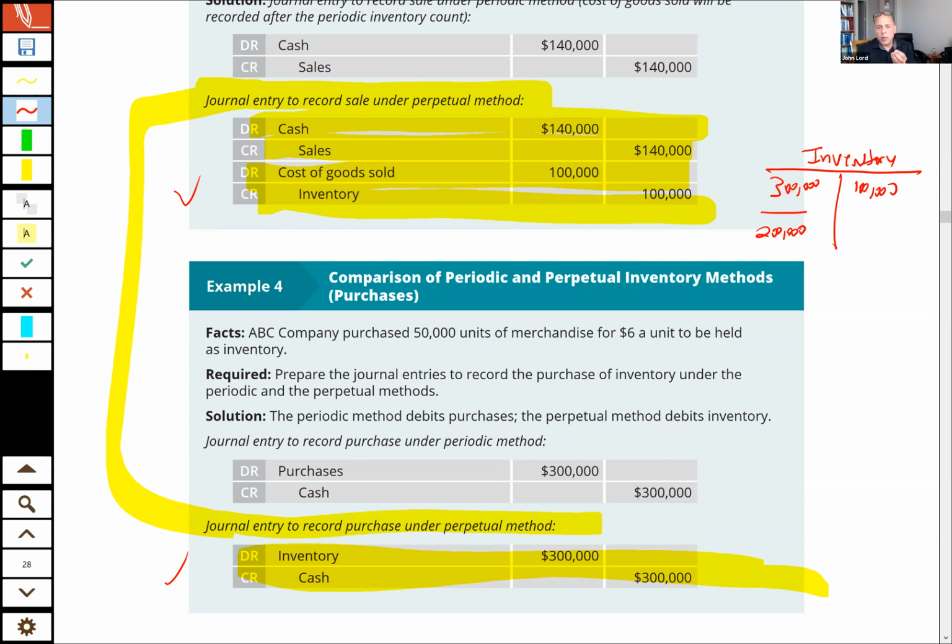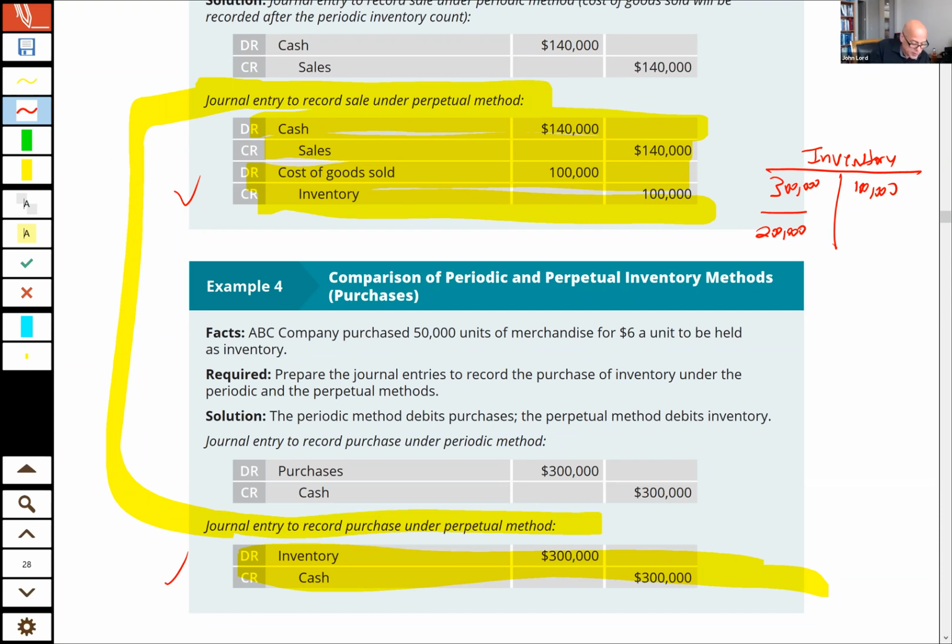I know at any point in time what my inventory balance is. And I could almost do an eyeball check, say, hey, my records are showing I've got $200,000 worth of inventory and everything's gone. What happened? Right? Then I would start to know that there's something wrong and things are being stolen, et cetera. So you get better control, obviously, with the perpetual method.